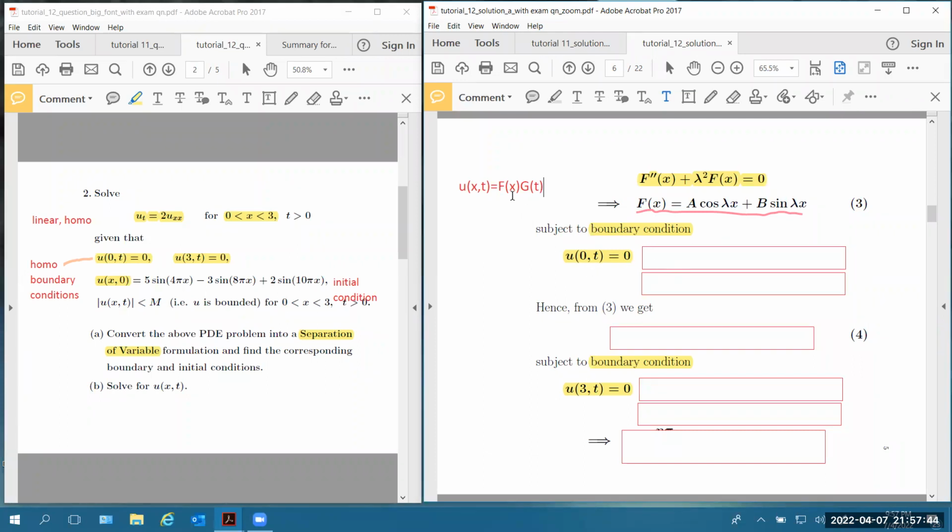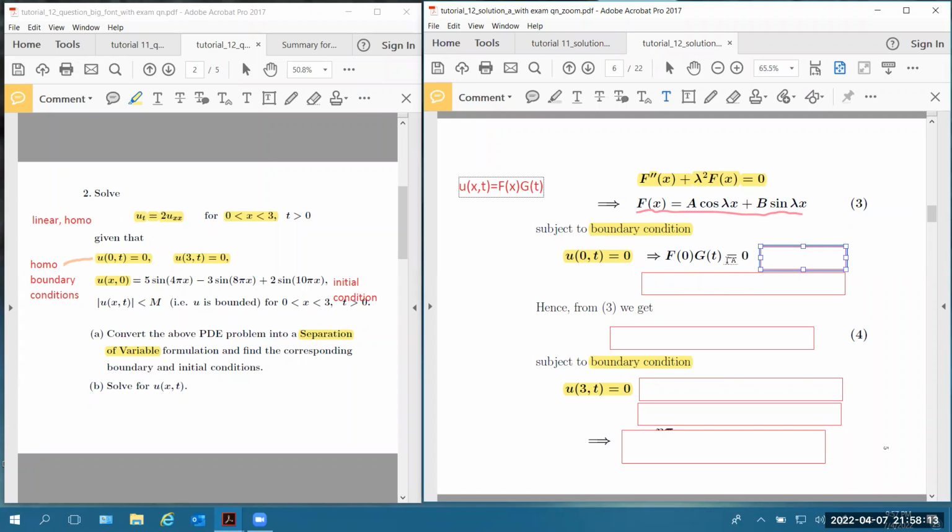If you substitute x as 0, straight away it will give you f(0)g(t) is 0. Just by substituting x as 0. Then from here we reason it out. You got f(0) one item, then g(t) another item, and you multiply the two items together to get 0.